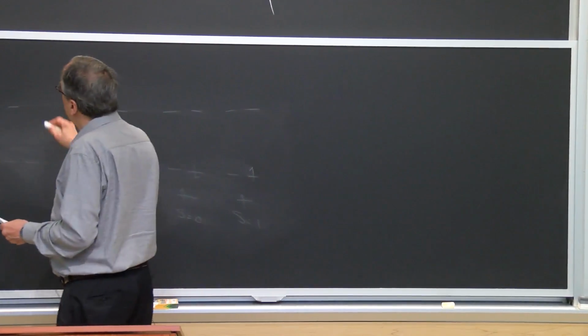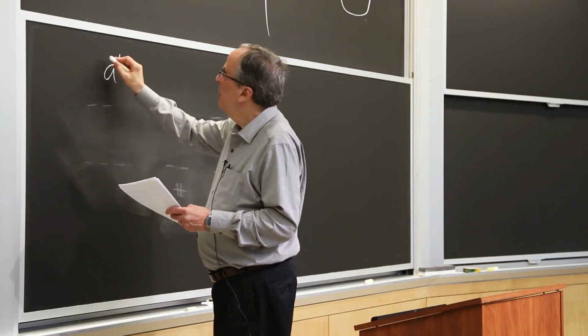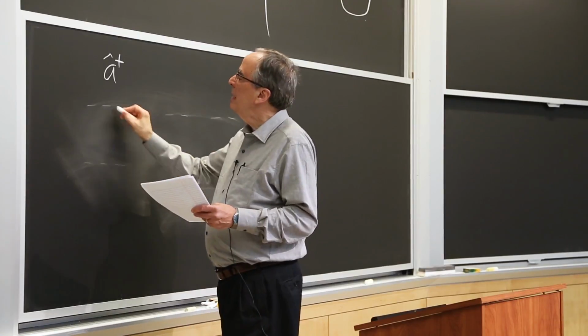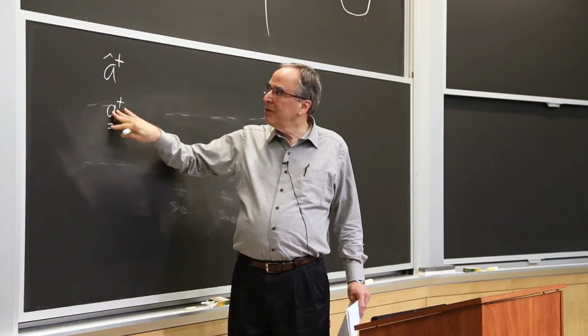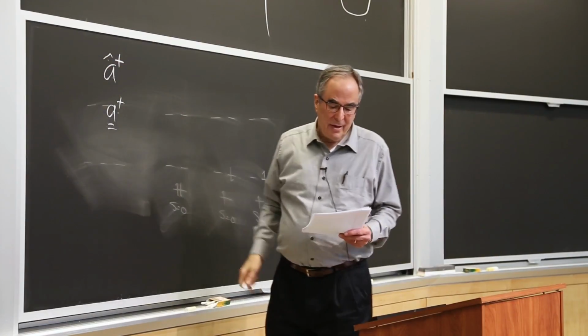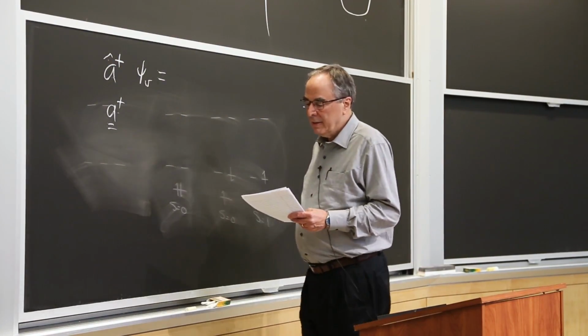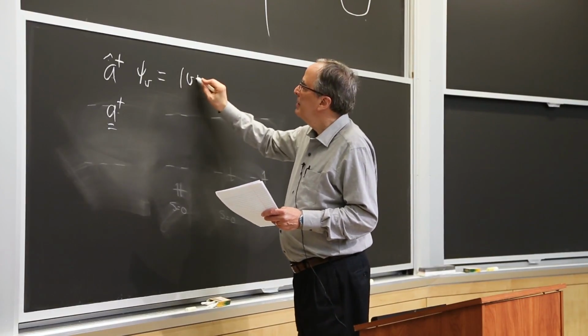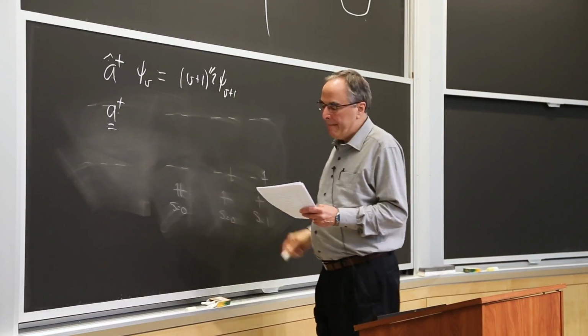Now you know that A dagger. Now we can call it A dagger with a hat, or we can call it A dagger double underline, bold, hat, matrix, operator. And you know that this operates on V to give the square root of V plus 1 times psi V plus 1.